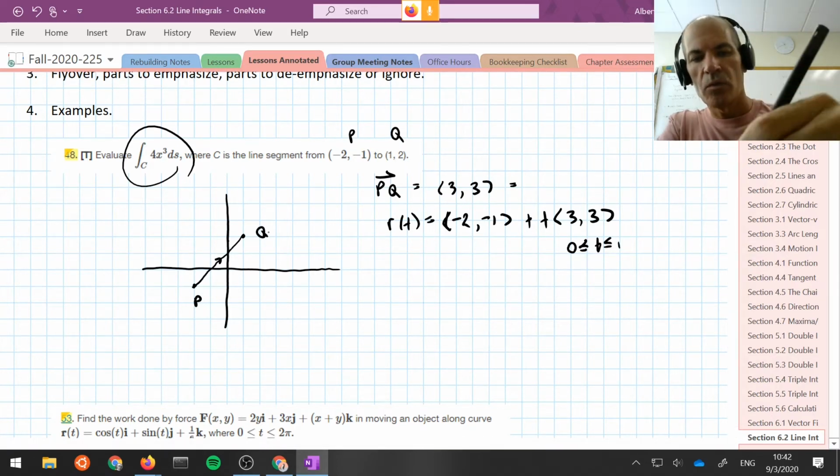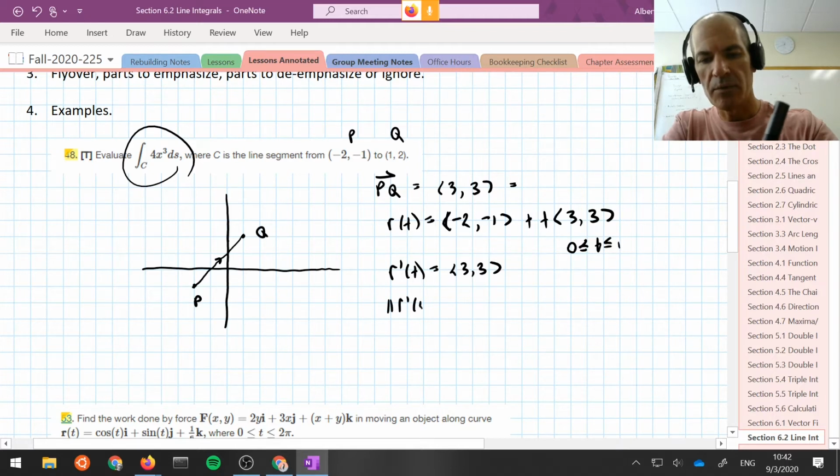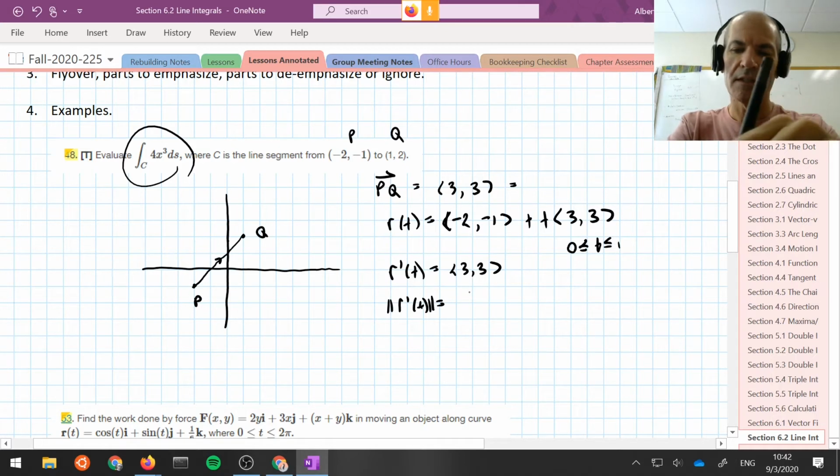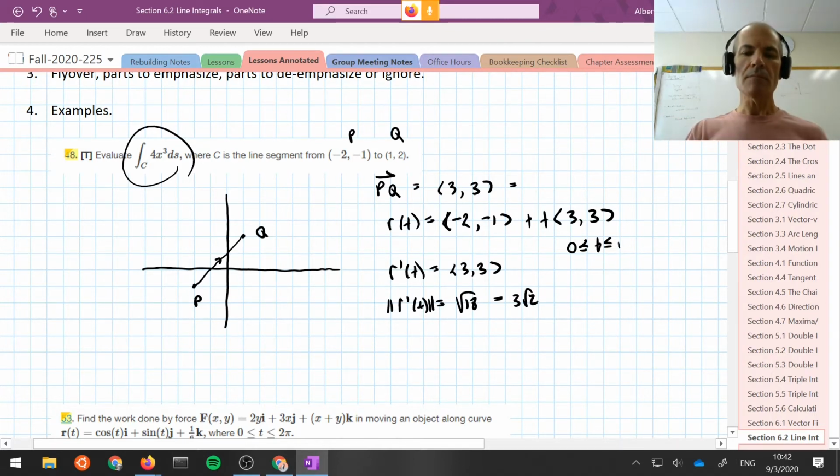Next, we have to figure out r prime of t, and that's just 3, 3. And then we have to figure out the magnitude of r prime of t. And that is going to be, let's see, 3 squared plus 3 squared, 18, square root of 18, which is just 3 root 2. All right, so the pieces are starting to fall in place.